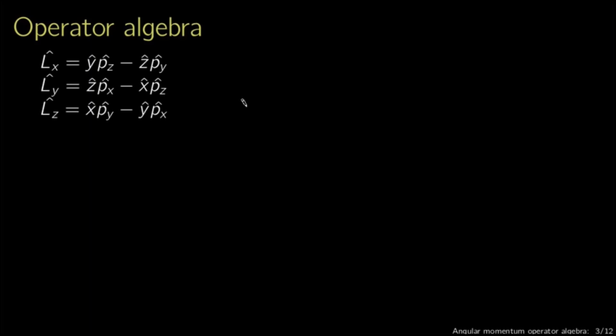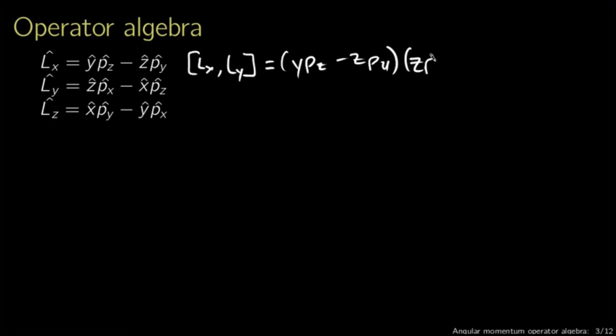The way to think about these things in the operator algebra context is to think about commutators. And you'll see a very good example later on of why commutators are useful. But in this case, for instance, consider calculating the commutator of Lx and Ly. Now I know the definitions of Lx and Ly in terms of their Cartesian coordinates, so I can expand that out. y pz minus z py, z px minus x pz.